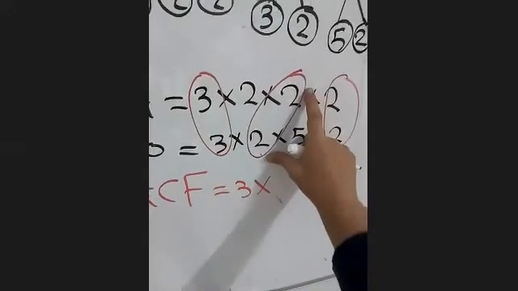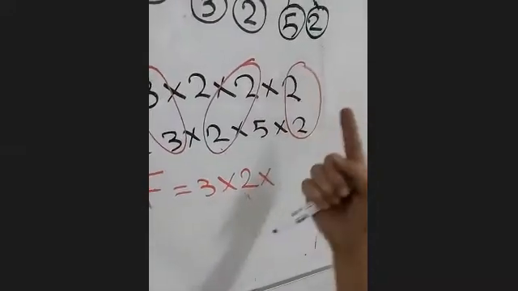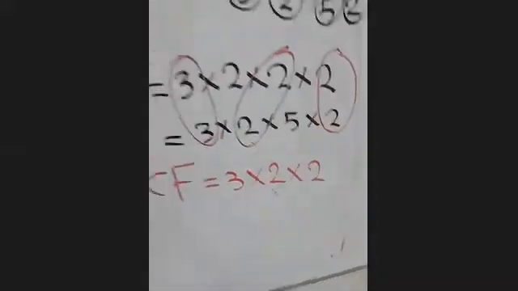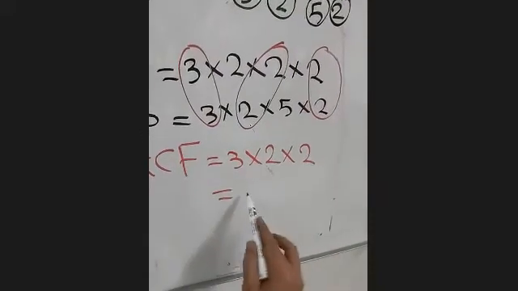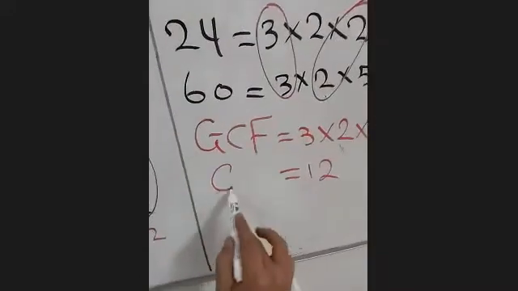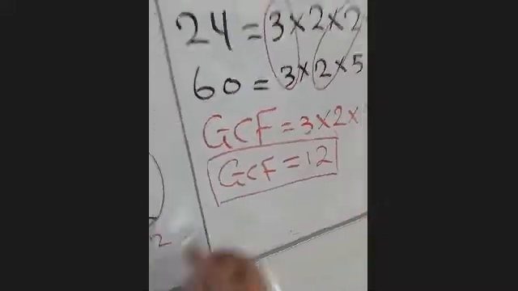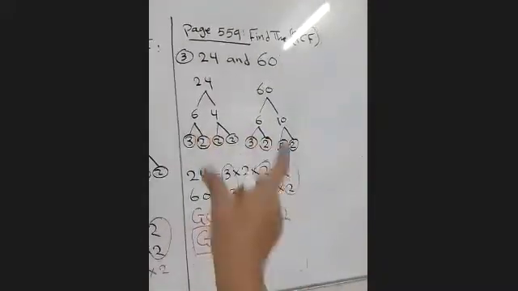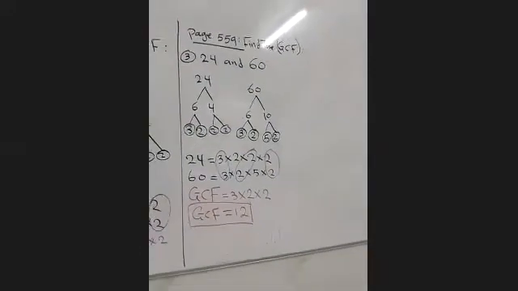Multiply. From this group, we take one number. From this group, we take one number. Now find the answer. 3 multiply 2 is 6. Multiply 2 is how much? 12. So the GCF for this question is 12. Copy, guys, the answer under question 3 in your book, quickly.